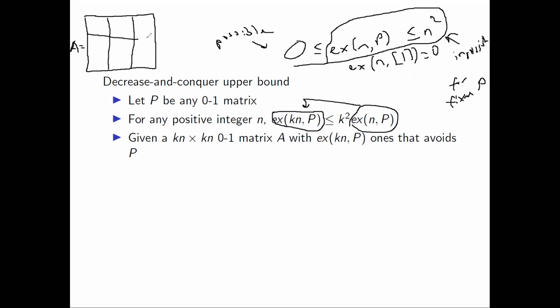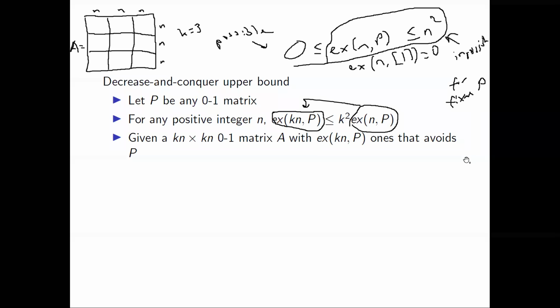So you've got N, N, N, N there. That's K equals 3. And we're going to just take that matrix A, which avoids P, and we're going to split it up the way that I split up in that picture.